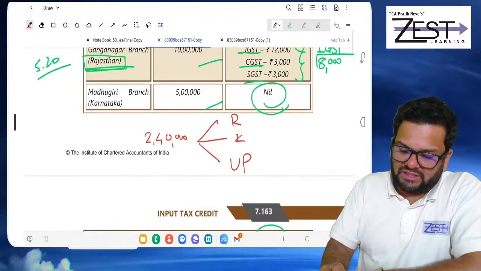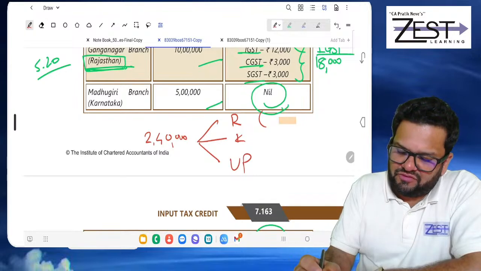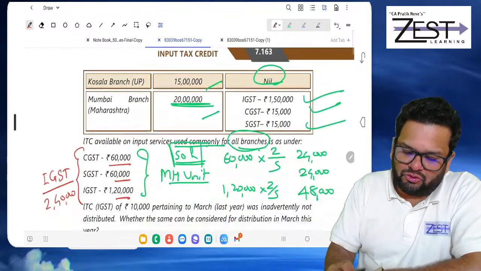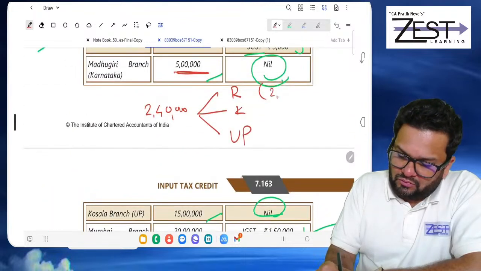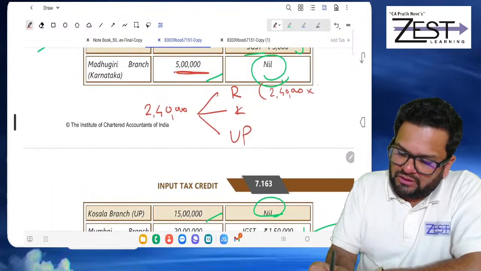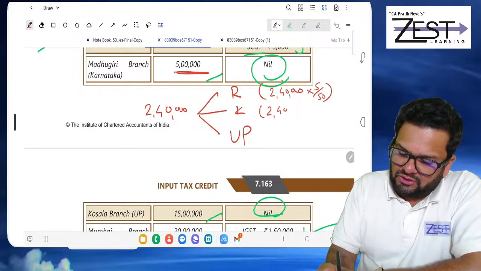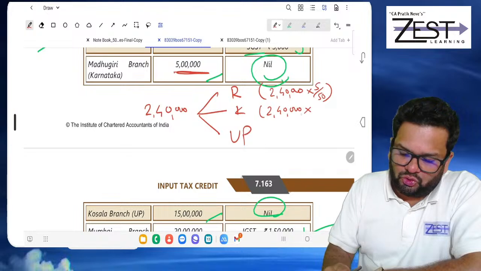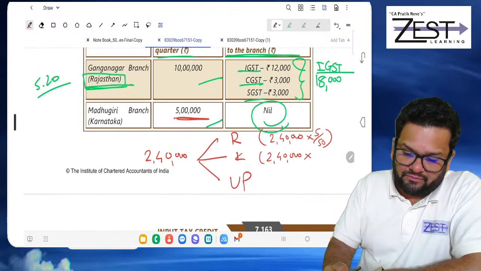So for Rajasthan it is 5 by 50. Why 5 by 50? 5 lakh is the turnover out of 50 lakhs. So 2 lakh 40,000 into 5 by 50. Then friends, 2 lakh 40,000 into Karnataka.